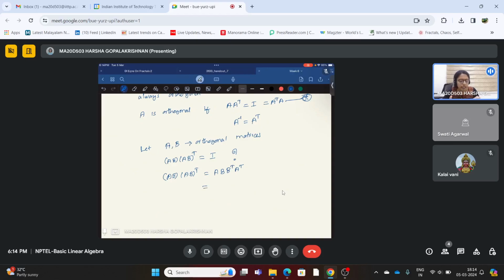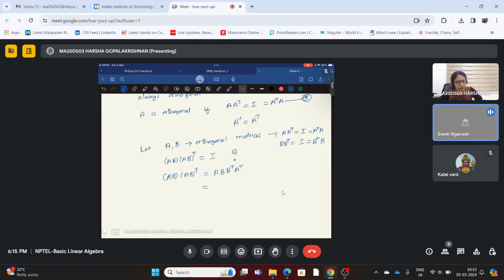Now, from here what can we write as the next step? Use the condition we already have. What is the condition we are having? A and B are orthogonal matrices. So A into A transpose is identity, A transpose A also, and B is also orthogonal, right? So B will also satisfy this condition.